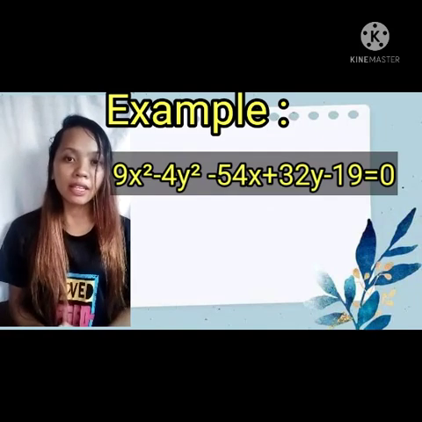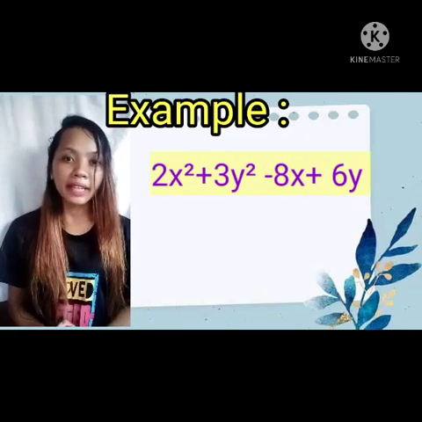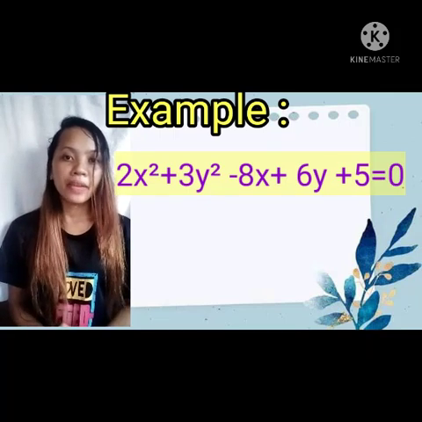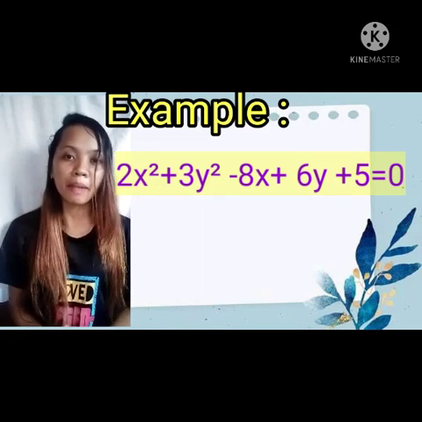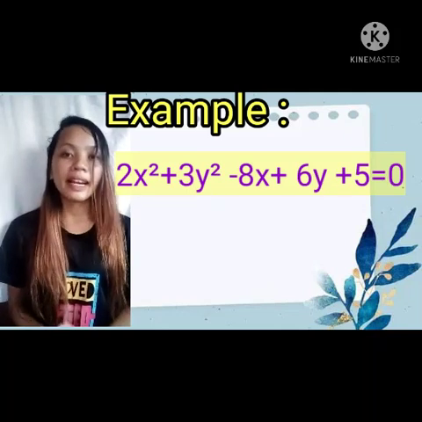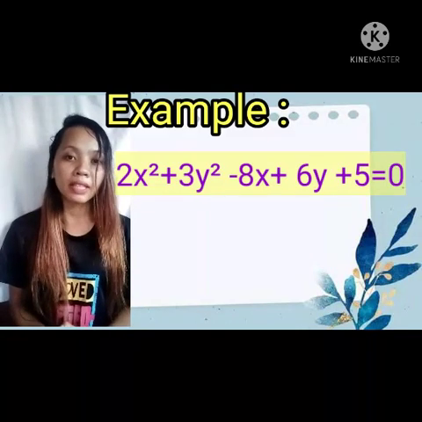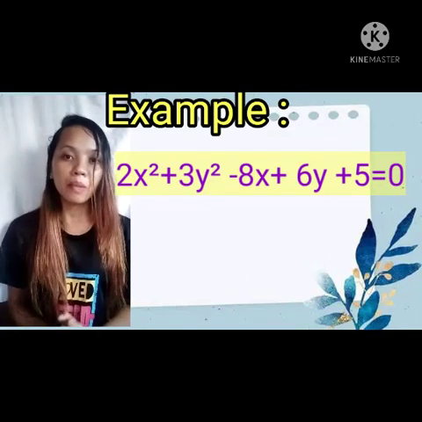and when they have opposite signs, therefore this conic section is a hyperbola. And for the last one, let us now identify the type of conic section for the last example. This is 2x squared plus 3y squared minus 8x plus 6y plus 5 is equal to 0. Again, to our guide questions, are both variables squared? We have 2x squared plus 3y squared. Yes, they are both squared.